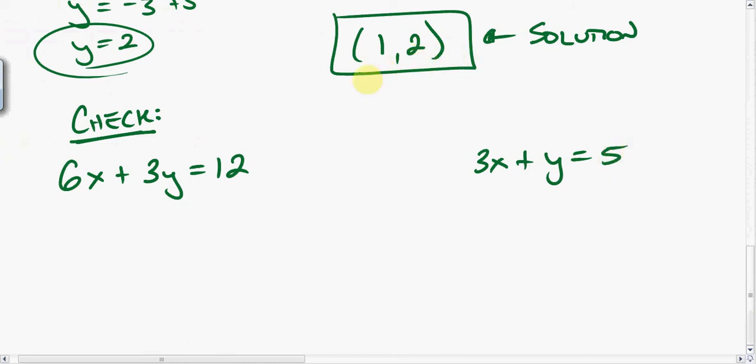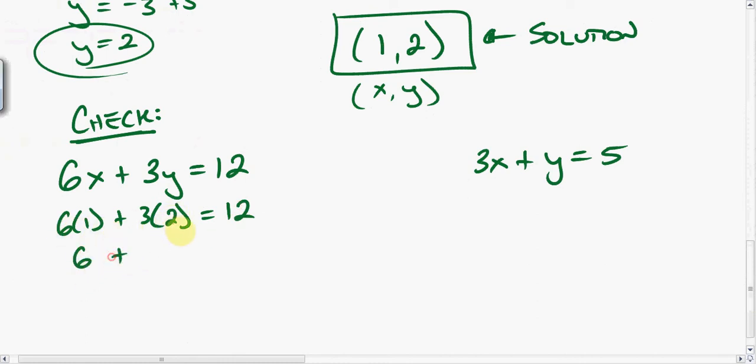So I'm going to check this solution. Remember, it's x comma y. So I'm going to plug in 1 for x, and I'm going to plug in 2 for y, and evaluate the left side. So 6 times 1 is 6, 3 times 2 is 6, 6 plus 6 is 12. That equation checked.